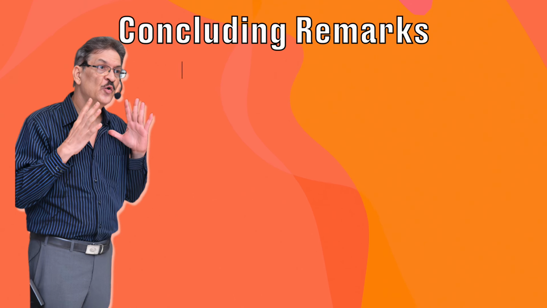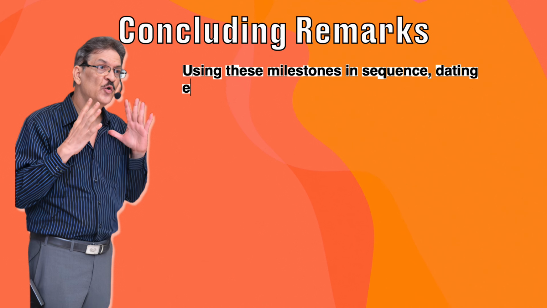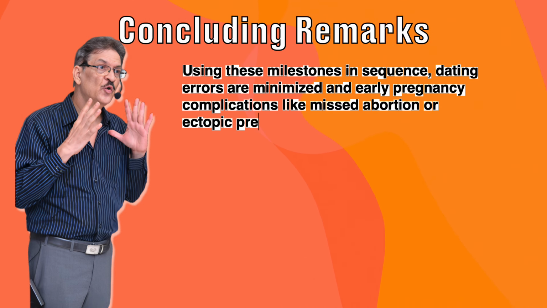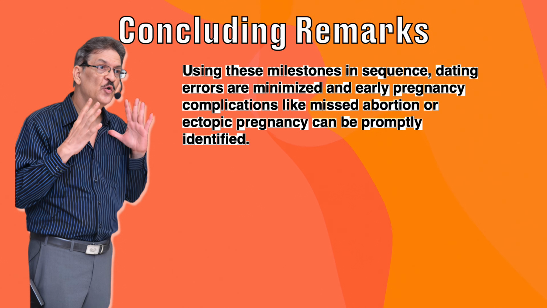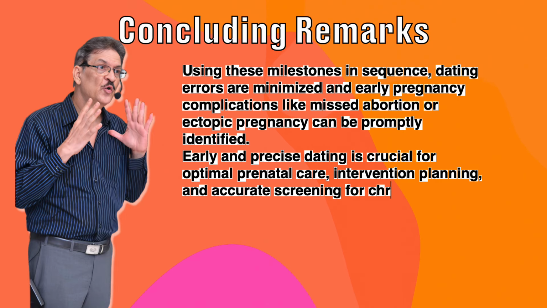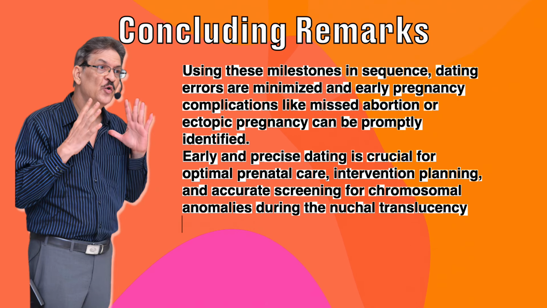Using these milestones in sequence, dating errors are minimized and early pregnancy complications like missed abortion or ectopic pregnancy can be promptly identified. Early and precise dating is crucial for optimal prenatal care, intervention planning, and accurate screening for chromosomal anomalies during the nuchal translucency window.